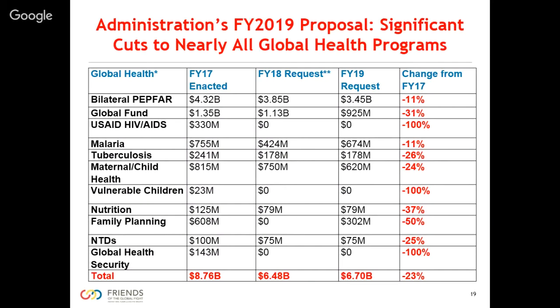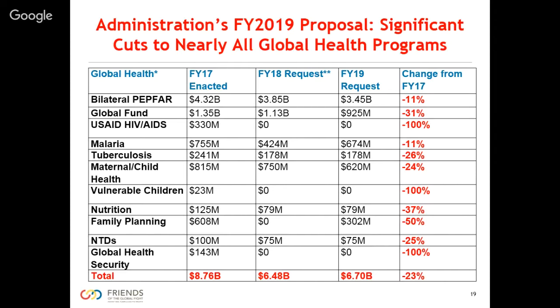This chart depicts the cuts from the president's FY 2019 proposal compared to both 2017 enacted levels and the 2018 request. As you can see, the FY 19 request provides $6.7 billion for global health funding, $2.1 billion, or 23% below the FY 17 level.